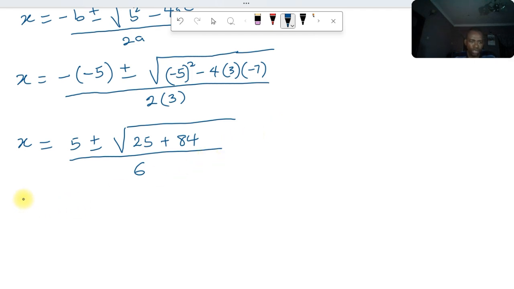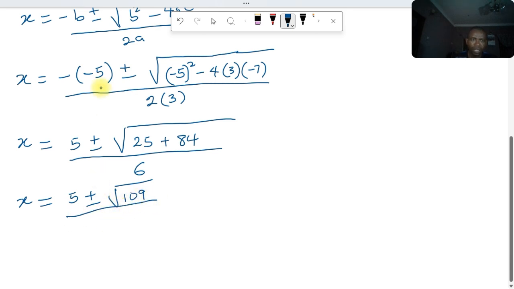Now we will proceed by writing that x equals 5 plus or minus the square root. When you add 25 and 84, you get 109, over 6.